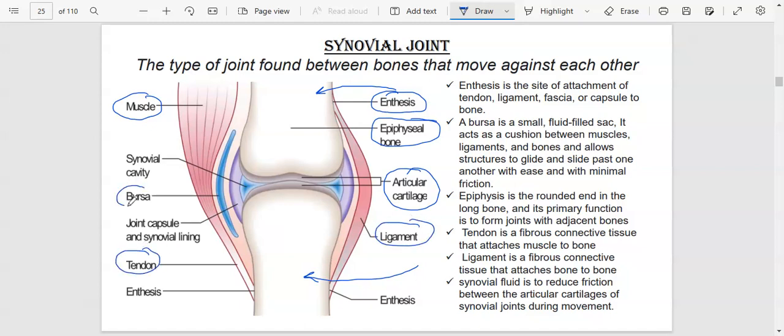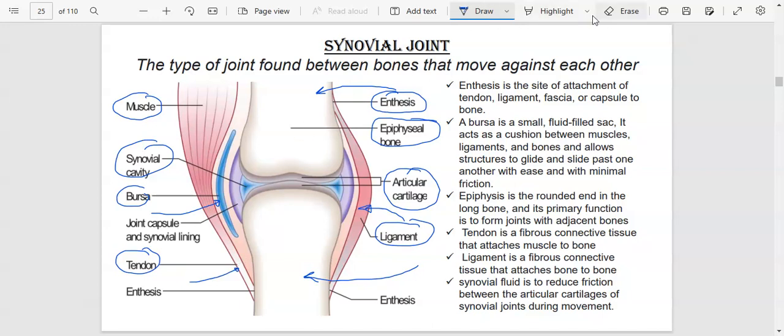We also have the bursa and the synovial cavity. The cavity is just that opening inside. The bursa is this sac-like thing which is here.